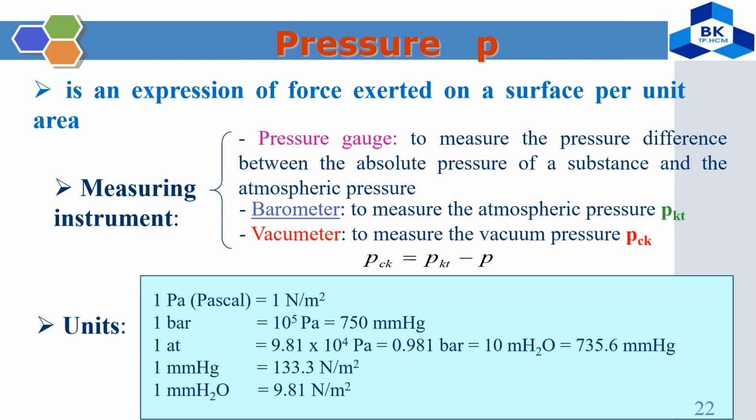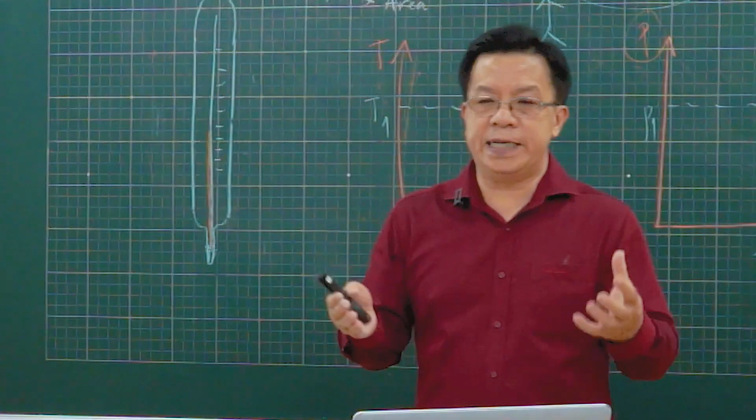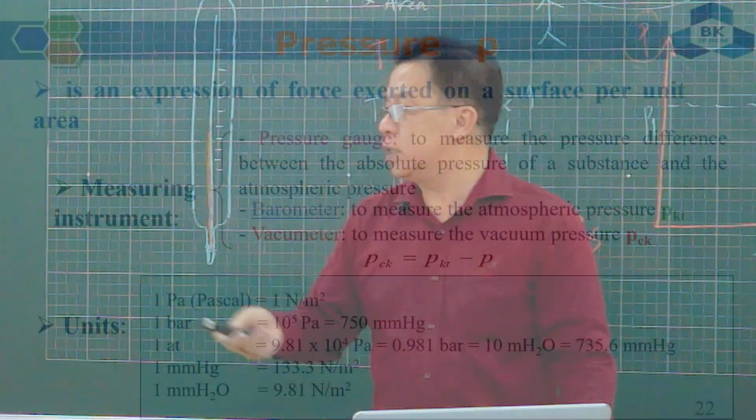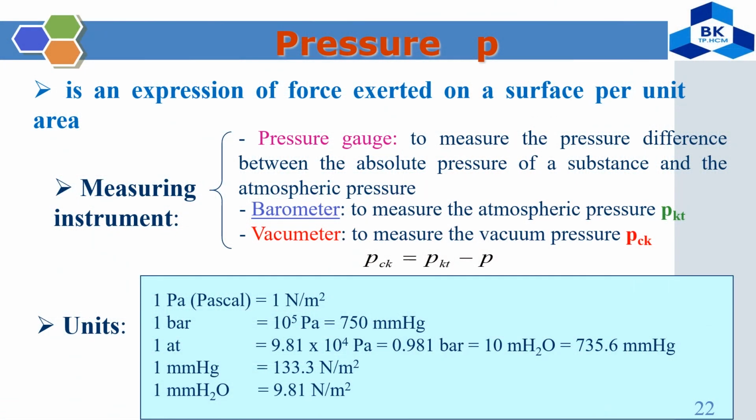For the atmosphere, we normally say at normal atmosphere the pressure is 1 atmosphere, which is equivalent to 9.81 times 10 to the 4 Pascal.